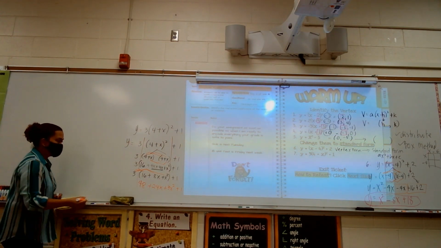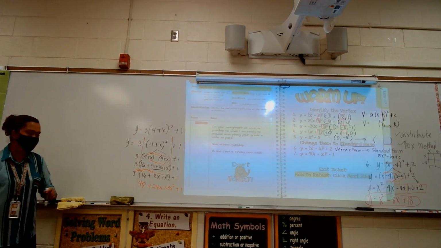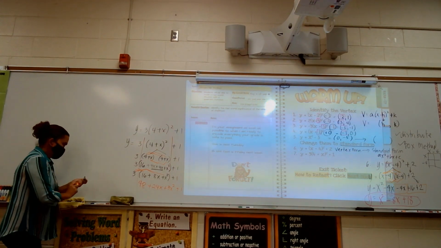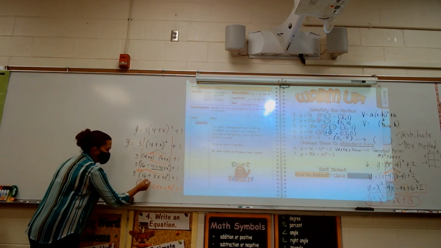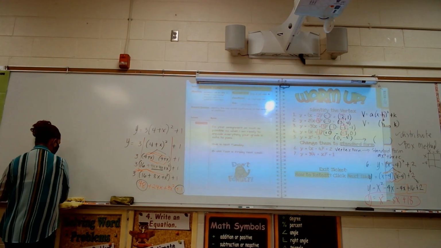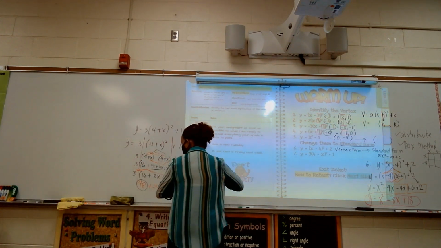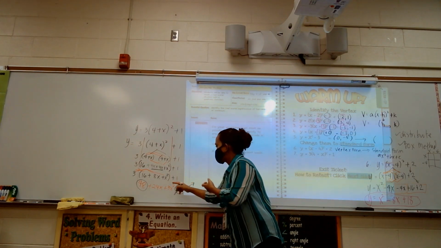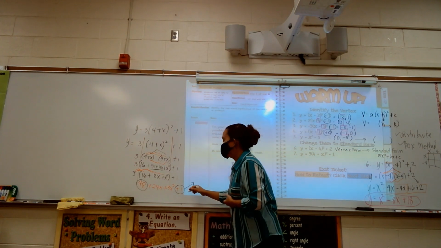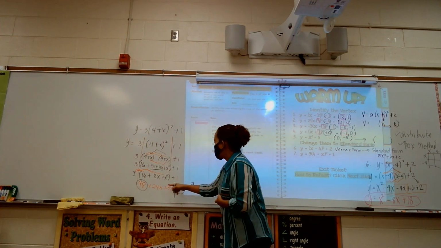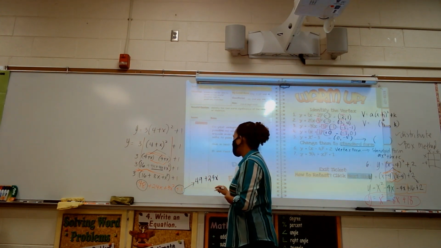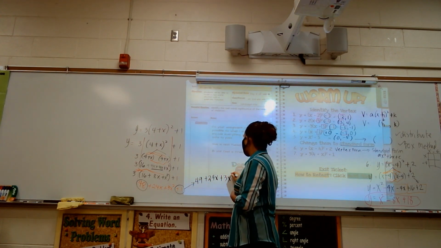Next, combine. Are there any more terms that we can combine since they are like terms? 48 and 1. So what's 48 plus 1? 49. So that would become 49 plus 24x plus 3x squared.